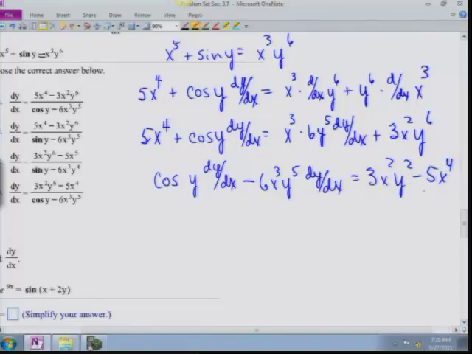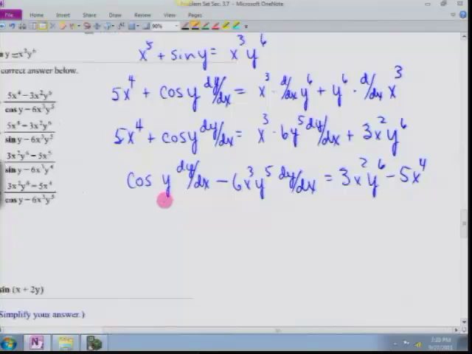Well, that 2 is a 6. Do you think that looks like a 2? No, the one below it. Oh, down here? Yeah. Okay. All right. So dy dx equals cosine y minus 6x cubed y to the 5th.